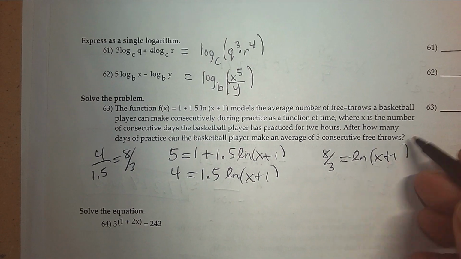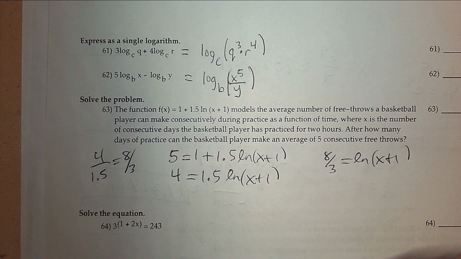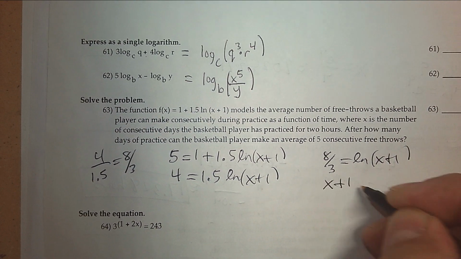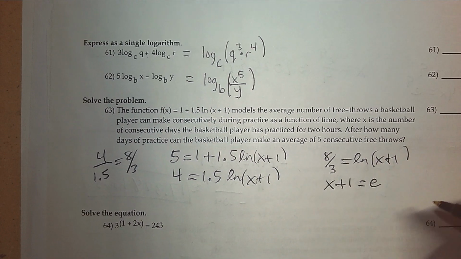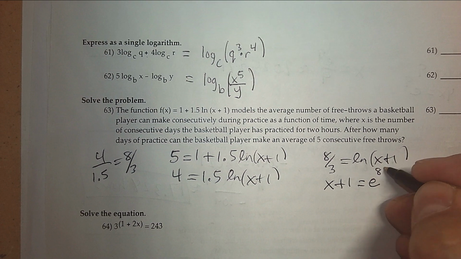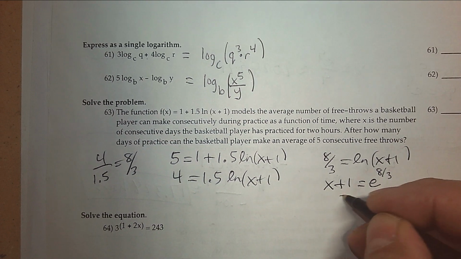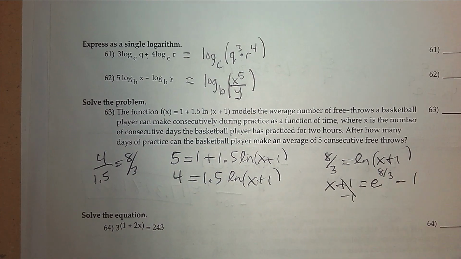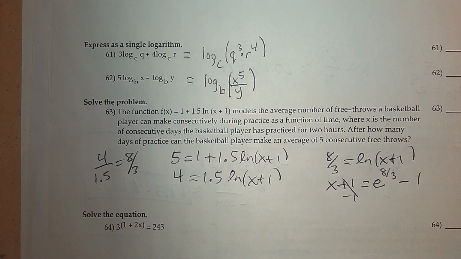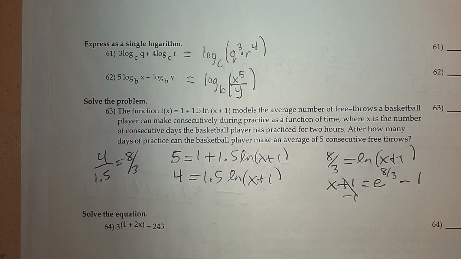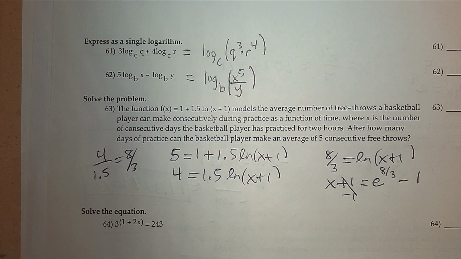Now I'm going to write it as an exponential. What's inside the logarithm is x plus 1. The base you don't see is e, and the exponent is 8/3. And then I subtract 1, and then I'm going to use my calculator. So e to the exponent 8/3, and then subtract 1.